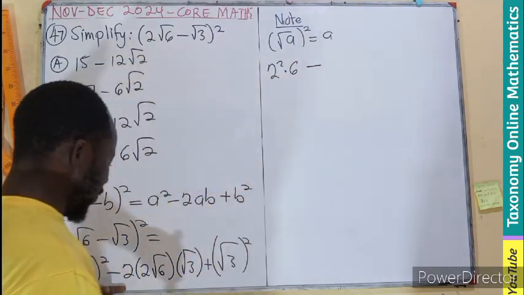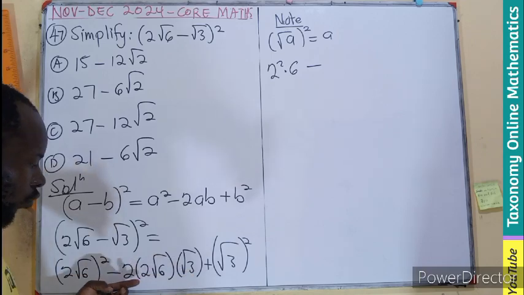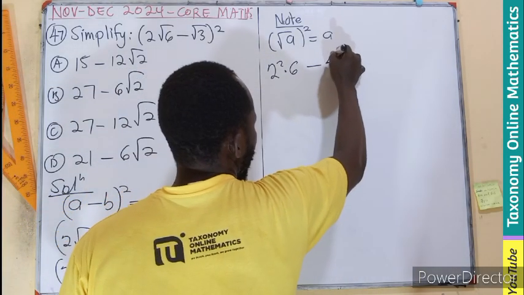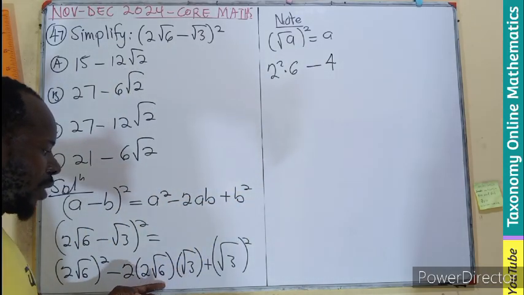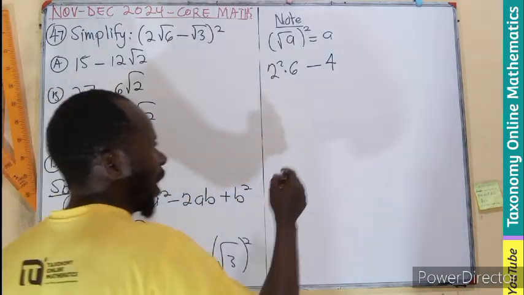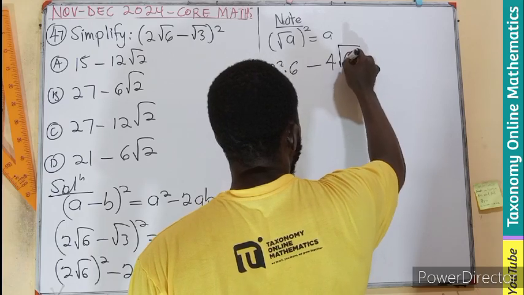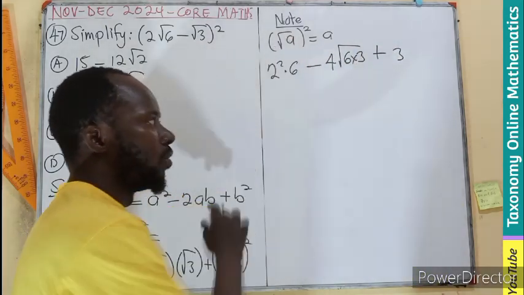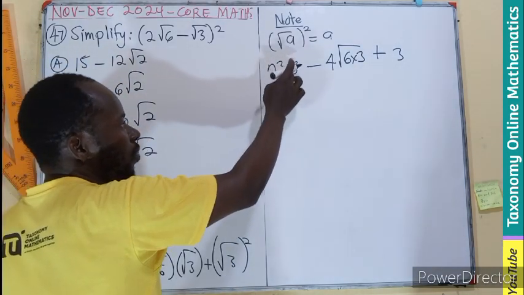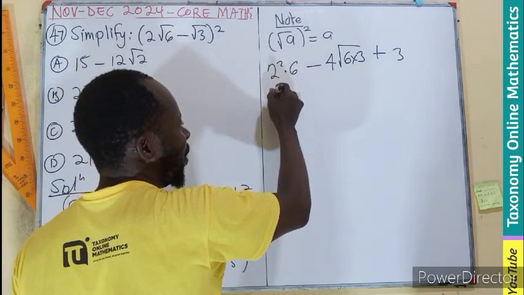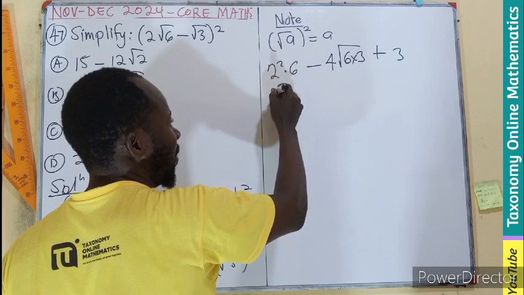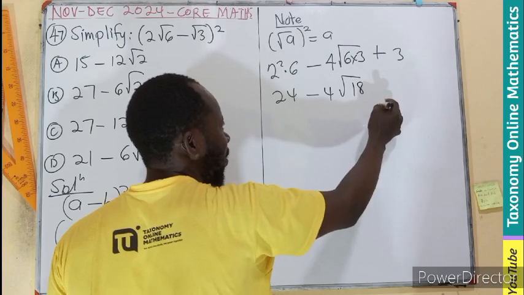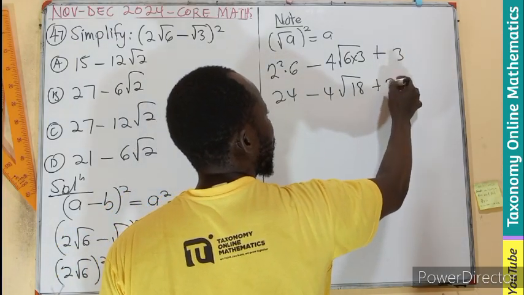Then minus 2, this is the root, so 2 times 2 are the rational ones, so there will be 4. Then we multiply the terms, we need a bracket, so that will give you the root of 6 times 3, then plus 3 from the same concept. 2 times 2 is 4, times 6, 24, minus 4√18 plus 3.